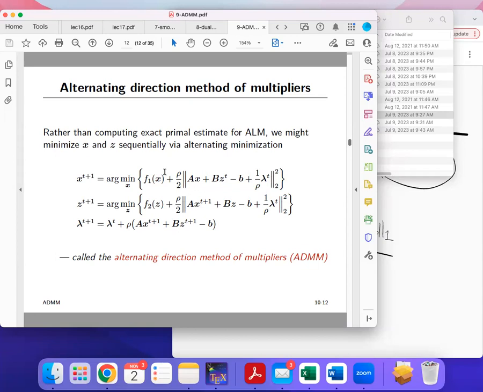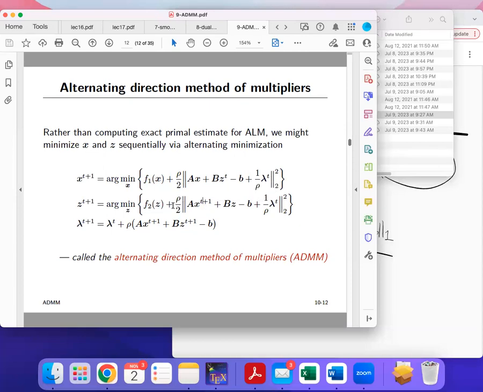But by doing so, the problem can be much simplified, because in each of these updates, once you fix z, we are only looking at an optimization problem associated with one of the objective functions. For example, when we optimize x, we are only looking at f1. And this is something like the proximal mapping. When we look at z, we are only looking at f2.